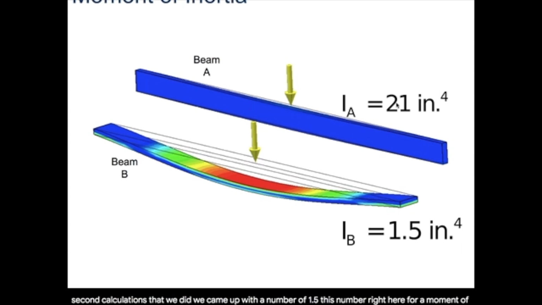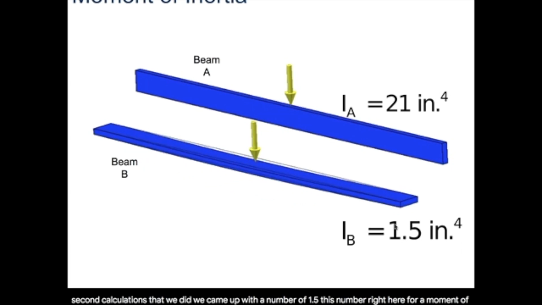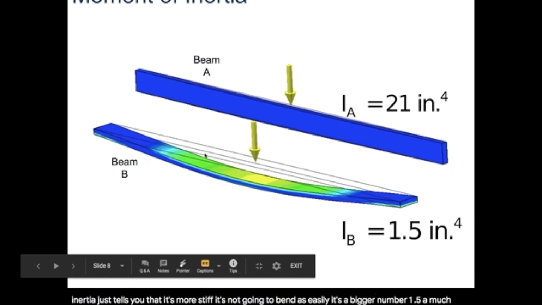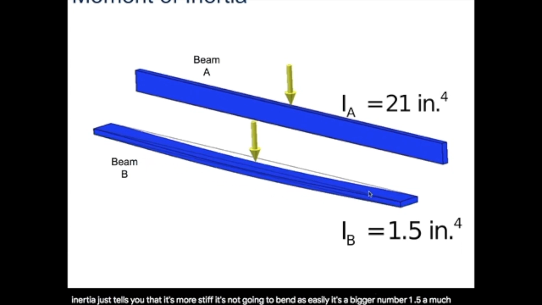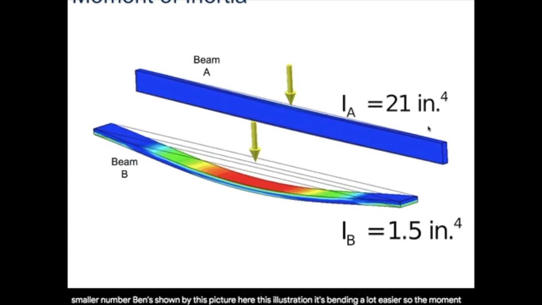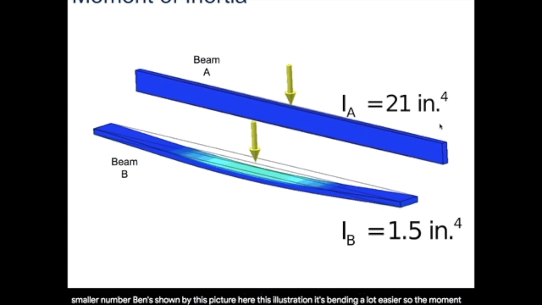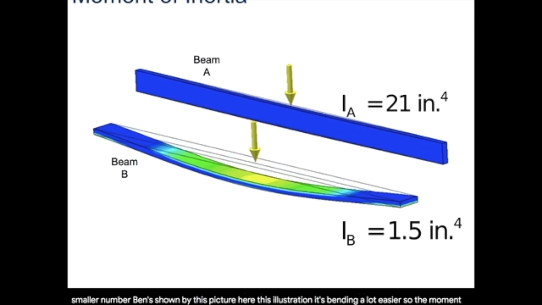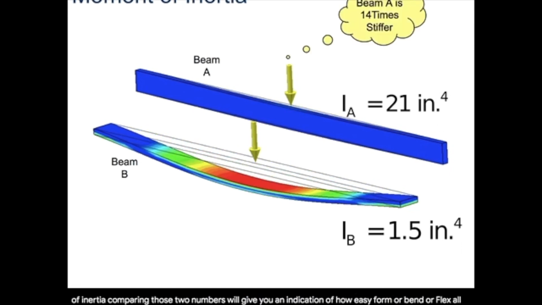It's not going to bend as easily. It's a bigger number. 1.5, a much smaller number, bends, shown by this illustration. It's bending a lot easier. So the moment of inertia, comparing those two numbers, will give you an indication of how easily the material will deform or bend or flex, all meaning pretty much the same thing.